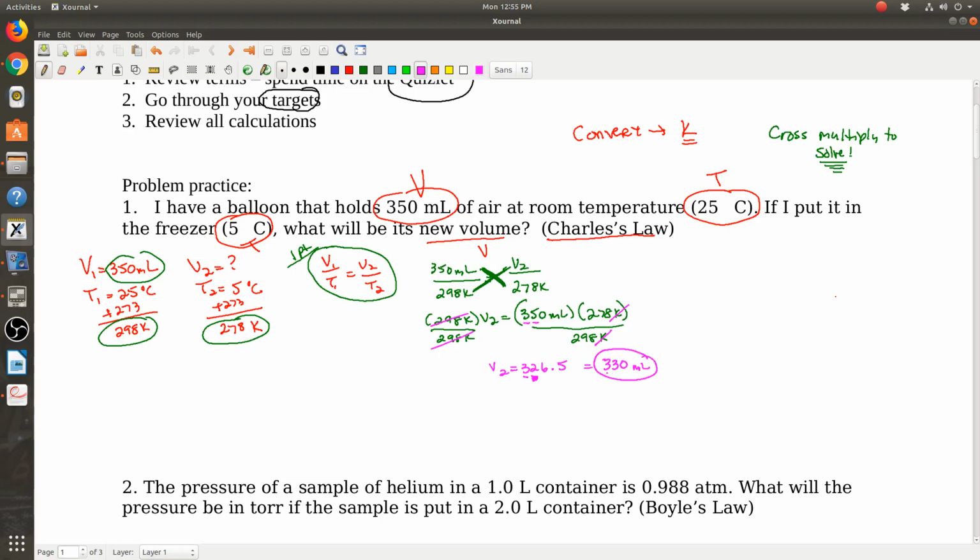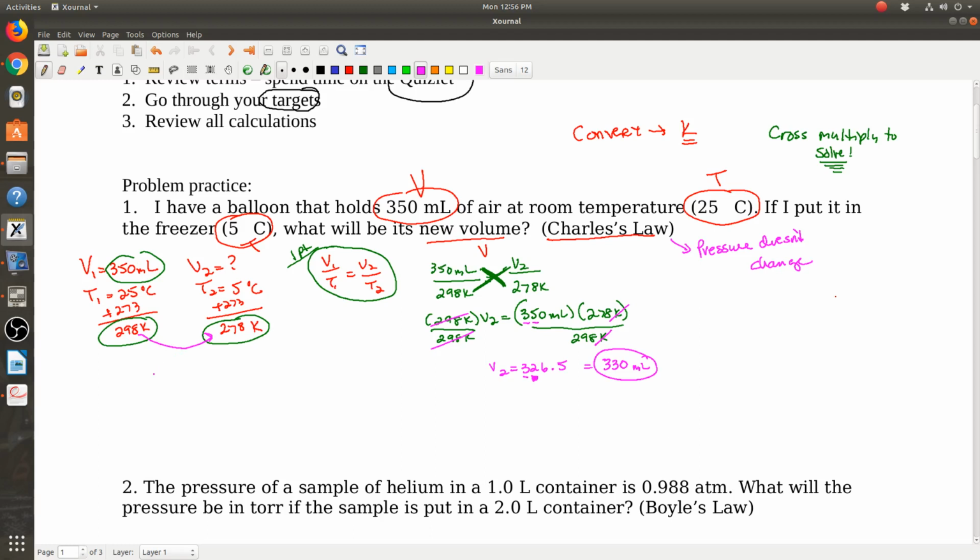Now let's think about this for a moment. What's the relationship between volume and temperature? If the pressure is held constant, so in Charles' law, the pressure does not change. The temperature goes from 298 to 278. So the temperature went down.